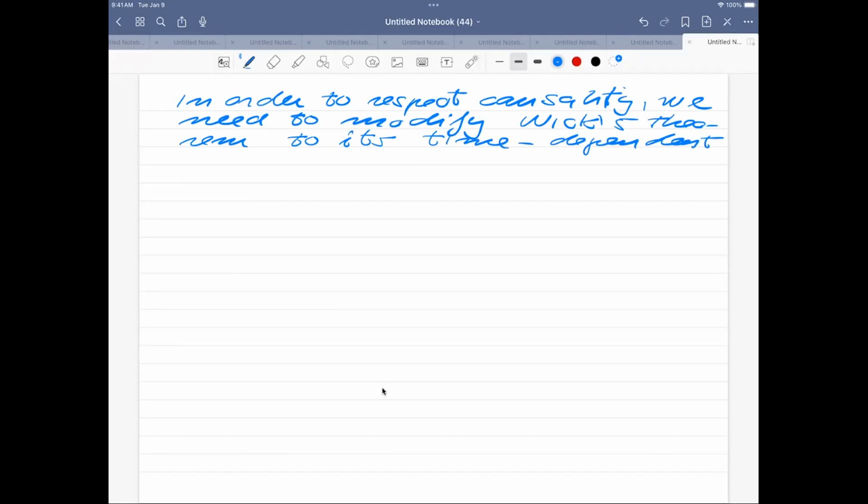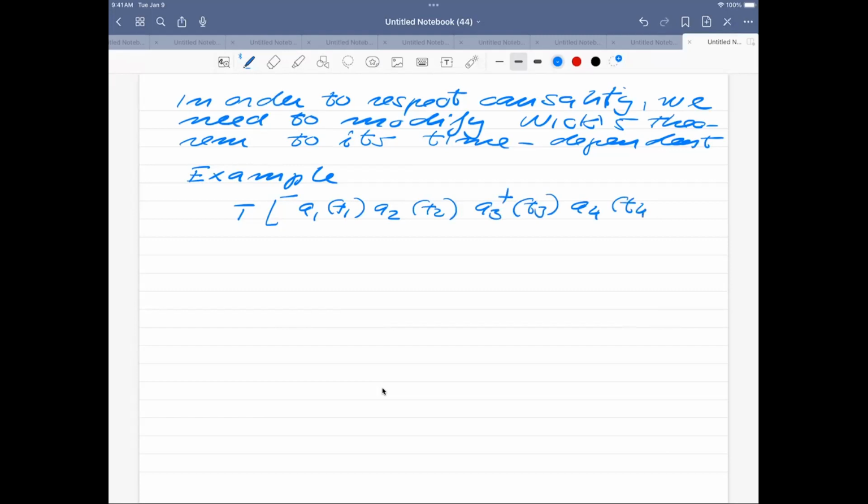So if we now look at a time-ordered set of the operators, suppose we take an example. We now want to have a time-ordered sequence of operators. So we have an A1 of t1, and then we have an A2 of t2, and then we have an A3 dagger of t3, and then we have an A4 of t4.